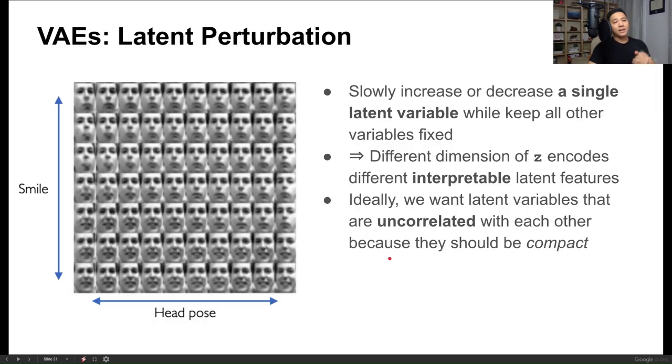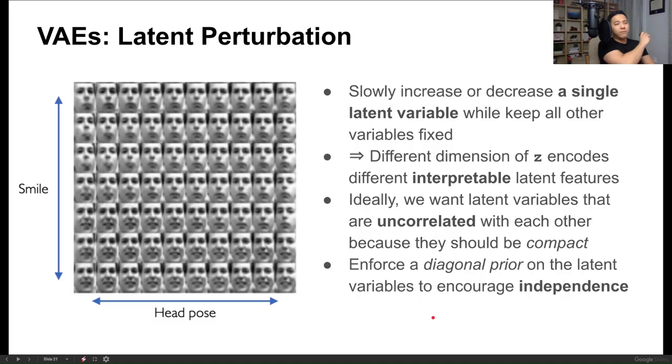Now, ideally, we want the latent variables to be uncorrelated, right? So head pose here and smile here are uncorrelated. They respond to very different effects on the image, but typically, ideally, you want these latent variables to be uncorrelated because they're supposed to be compact, right? If they are still correlated, I can compact them a little bit more until they are no longer correlated.